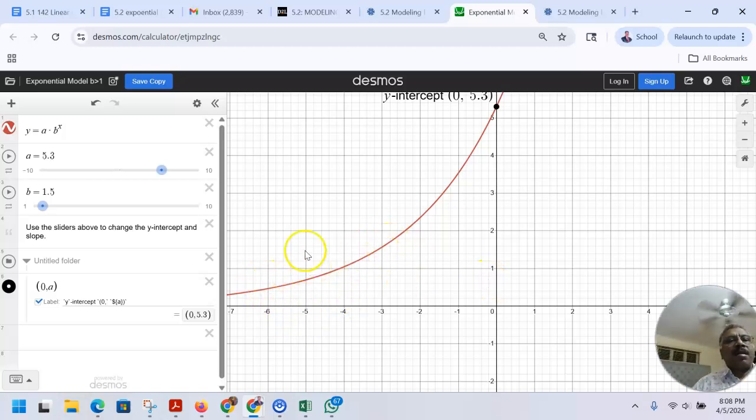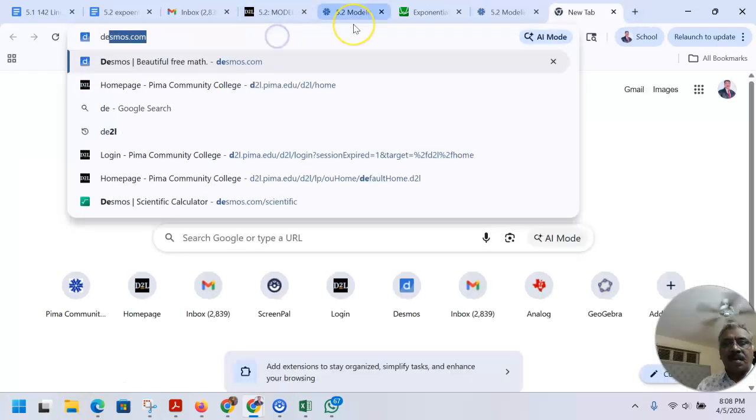Another thing, let me take a new one. I think that's the best way to understand.